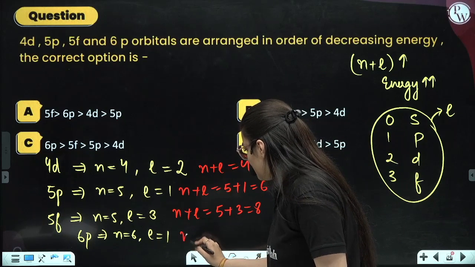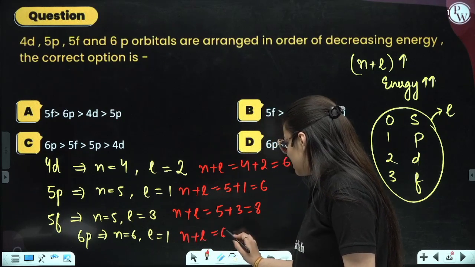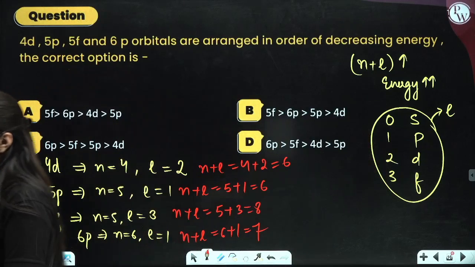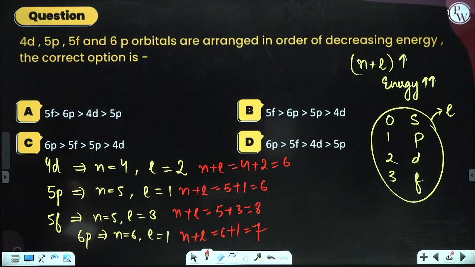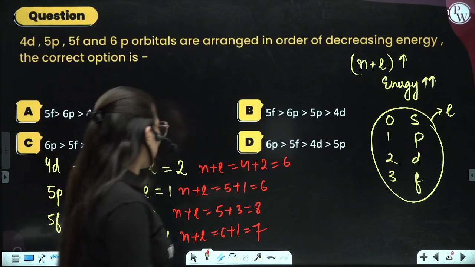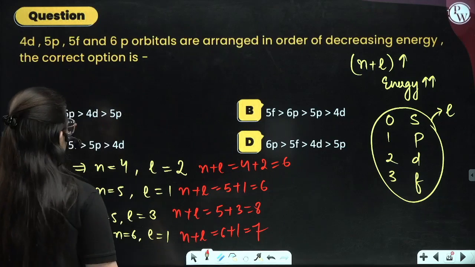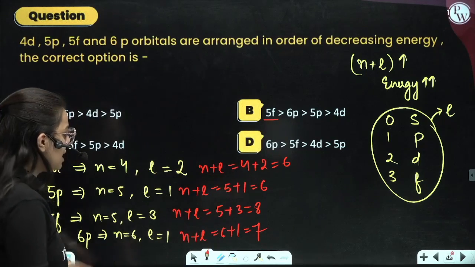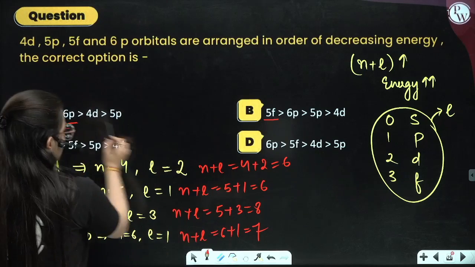Then n is 6 plus l is 1, that is 7. Right? Now you have calculated the value of n plus l. Yes, students, tell me, have you calculated it? So which has more value? 8, that is 5f. 5f will have the highest value. Then we will have 6p because it has the value 7.